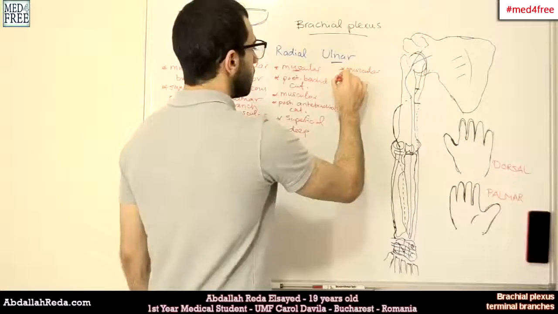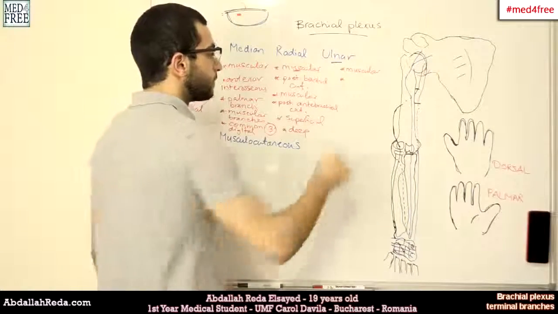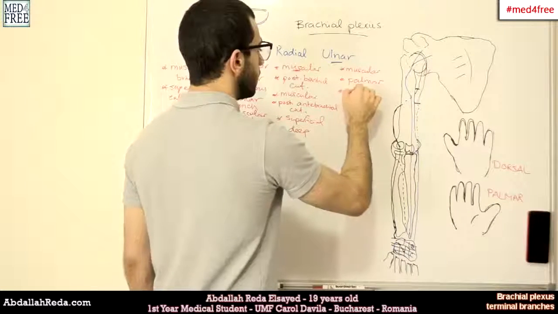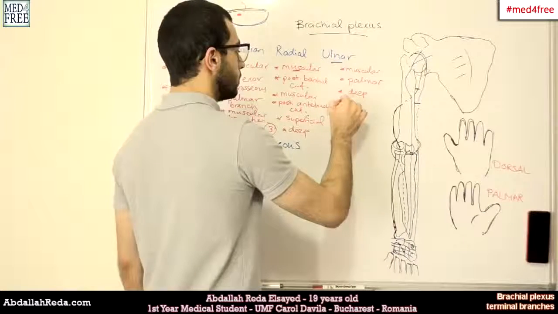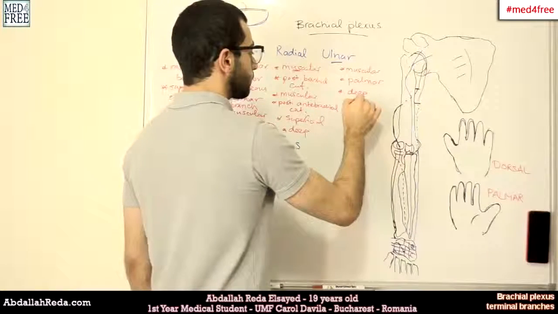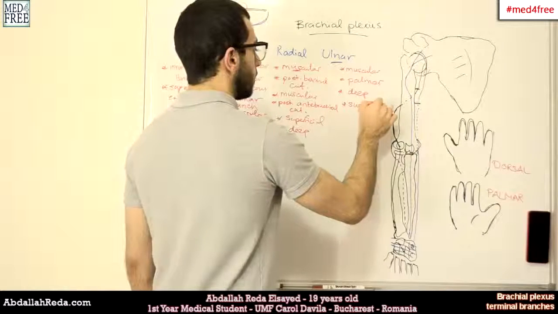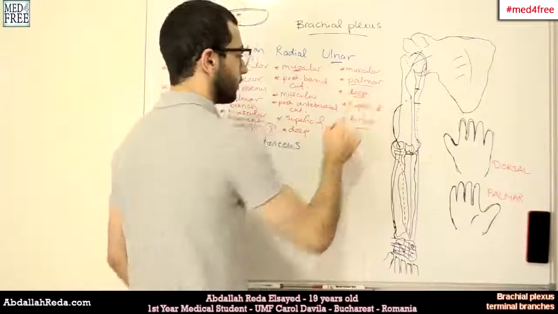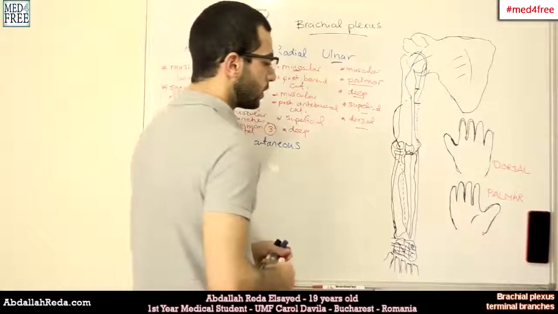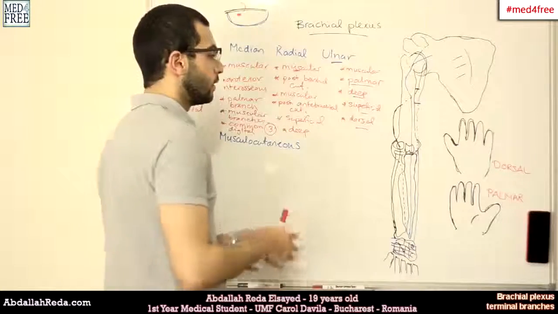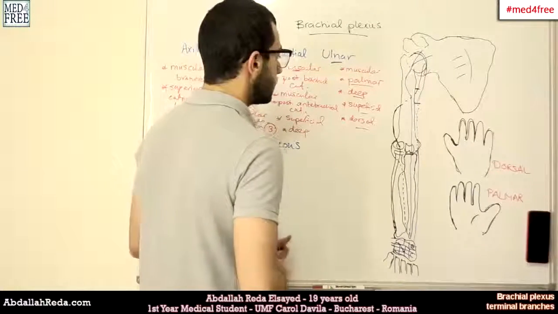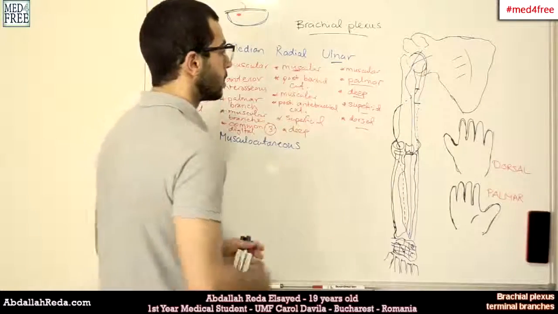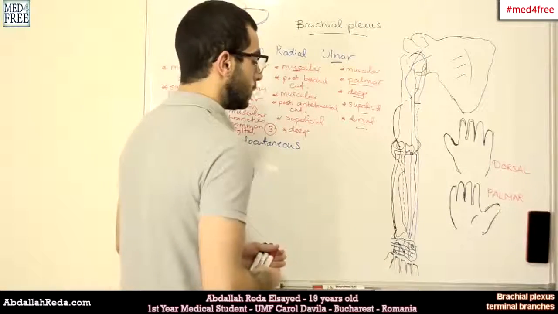The ulnar nerve will give palmar branches and deep branches, superficial and dorsal. So palmar and dorsal and deep and superficial branches, in order to innervate the skin and some muscles in the hand. So this is the ulnar nerve.